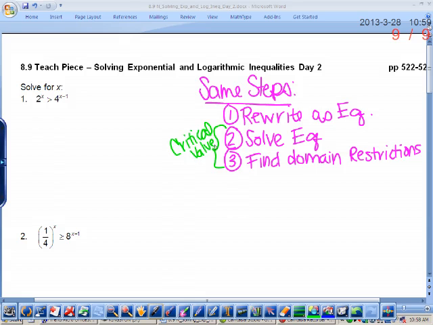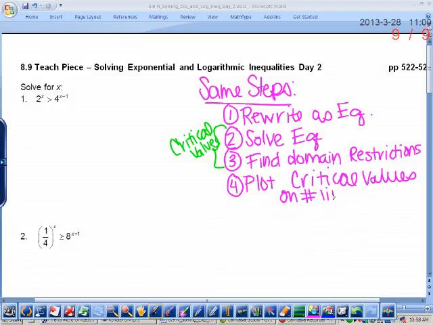So then you take your critical values and you plot them on a number line. And then what do you do? You test points to find your solution.